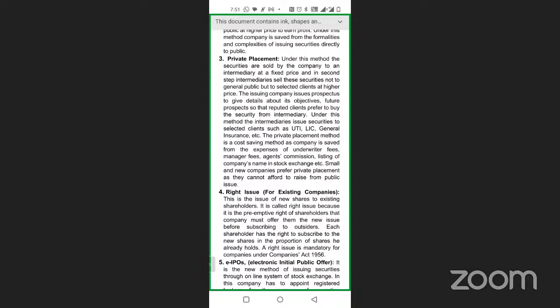Many times you will see the price rising in the stock market, and you see this in private placement also. There are intermediaries which are connected with certain companies. After they interconnect, whatever securities are there from the company, they buy the securities from the company. After buying, they go for selective investors. They do not open to the general public; they look for selective investors and then try to make communication with these people.